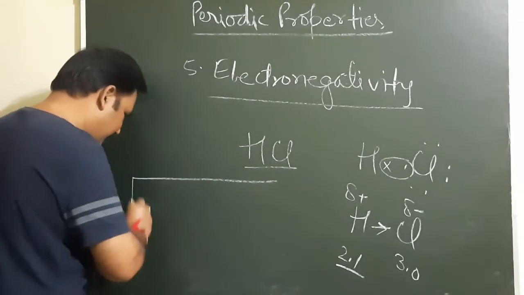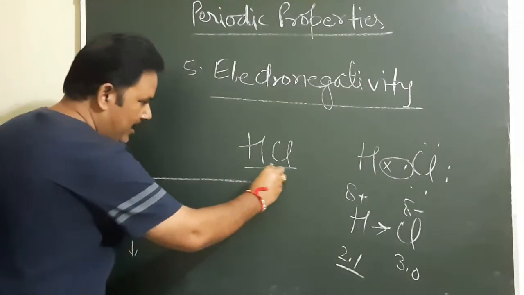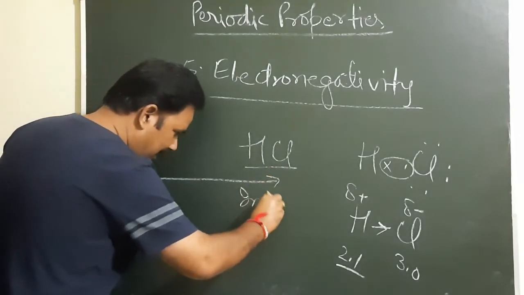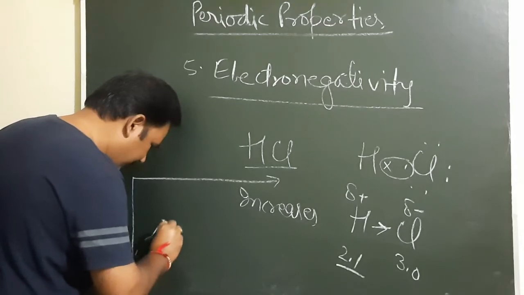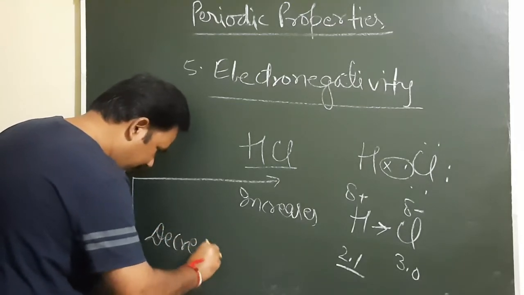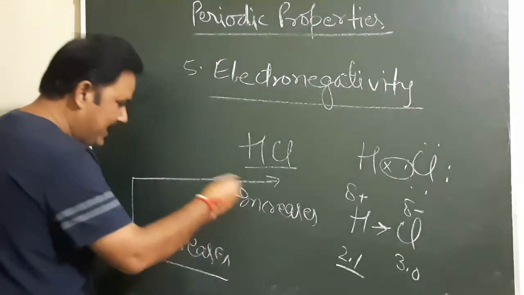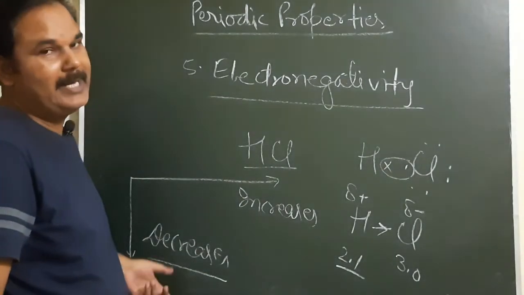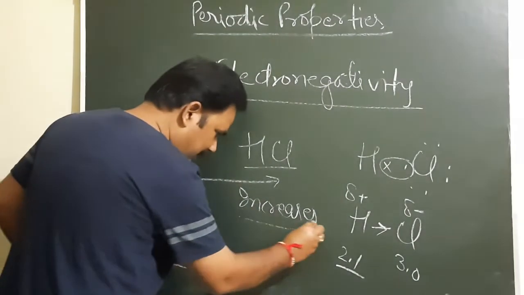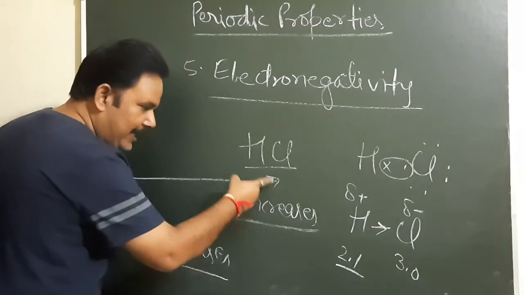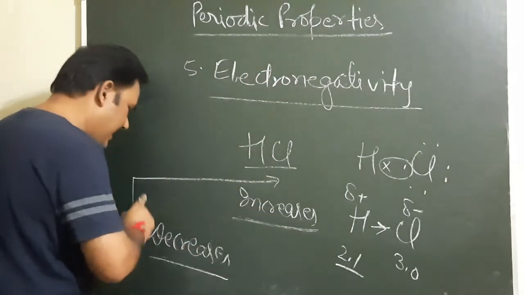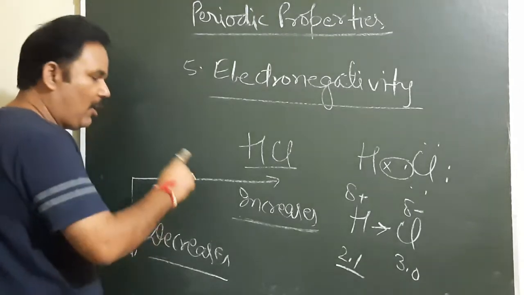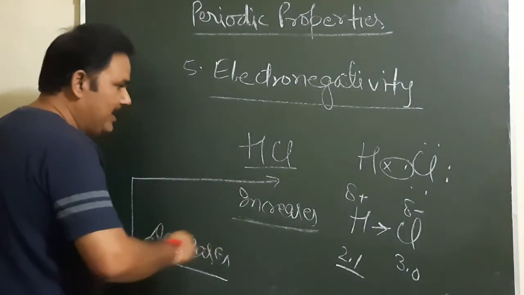When we move in a period, it increases, and in the group it decreases. The cause behind it is that atomic size decreases in the period, therefore electronegativity increases, and in a group from top to bottom atomic size increases, therefore electronegativity decreases.